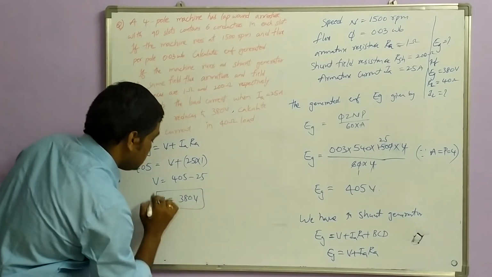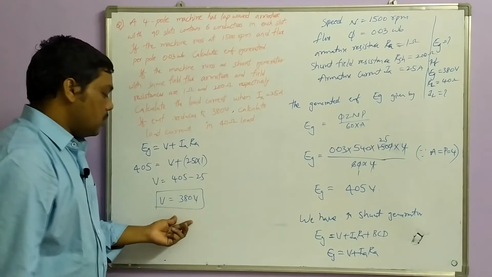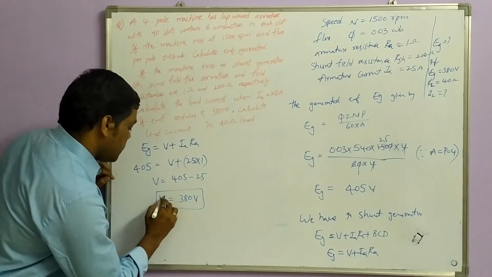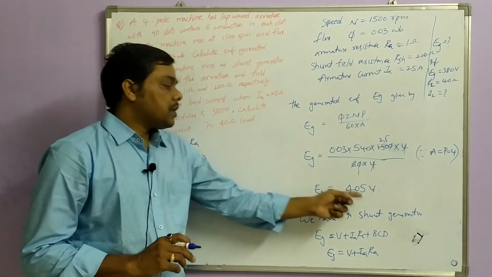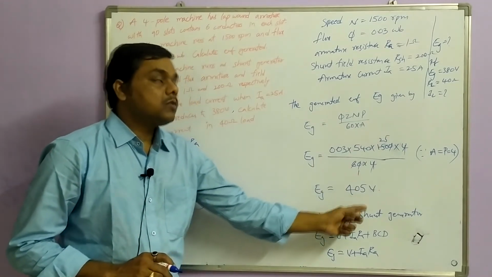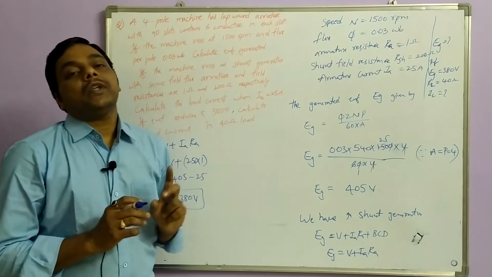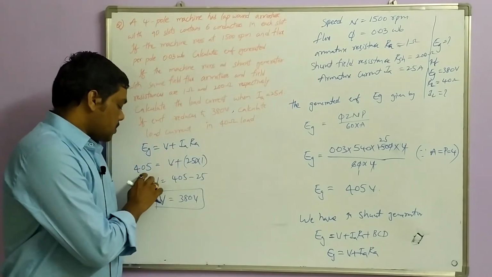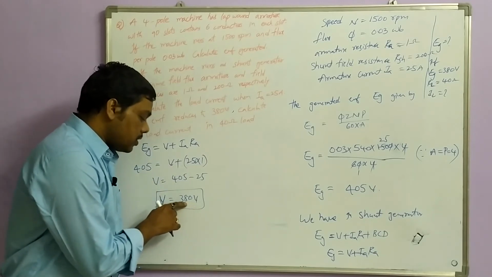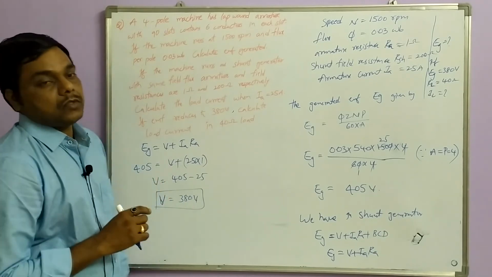This is the voltage available at the load terminals if the generated EMF is 405 volts at the speed of 1500 rpm.